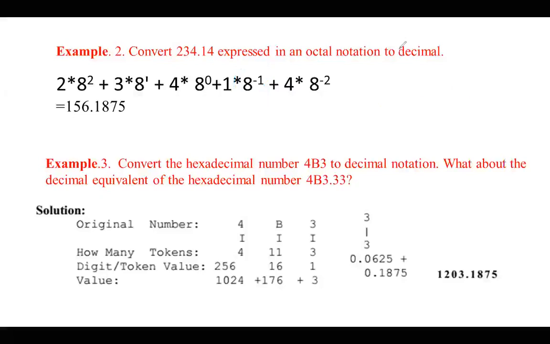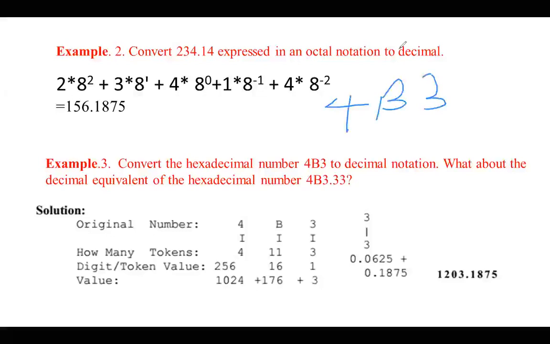Now the third example is convert the hexadecimal number 4B3 to decimal notation. What about the decimal equivalent of the hexadecimal number? So the number is given as 4B3.